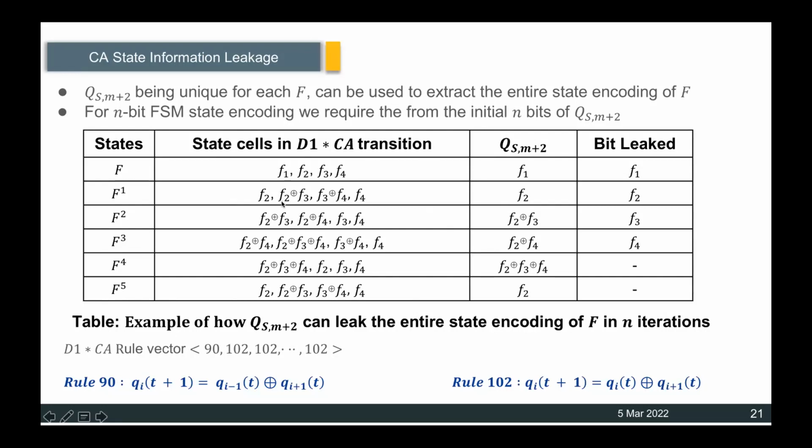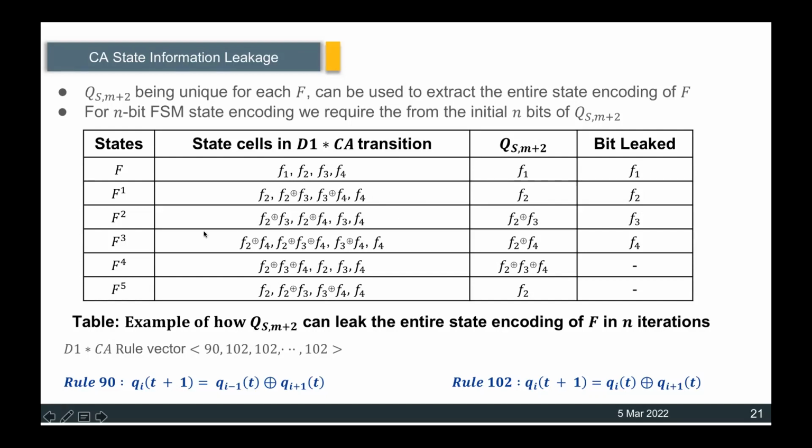Remember, you are applying rule 90 and 102, and 102 is nothing but the rule which says that you take the self and you take the right and you XOR them. So if I take the self and XOR it with F3, then I get F2 XOR F3. And you export F1 because this is leaked to the adversary. So you get F1, and next time when you are leaking F2, you note F2.